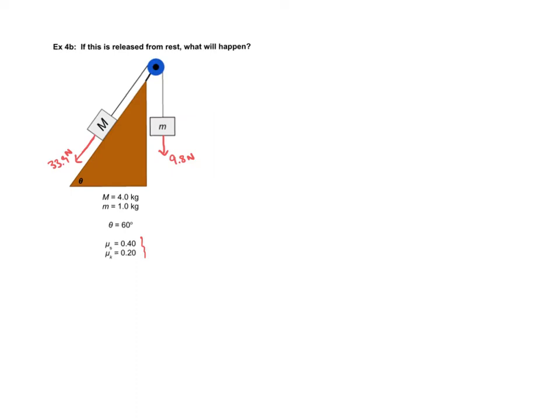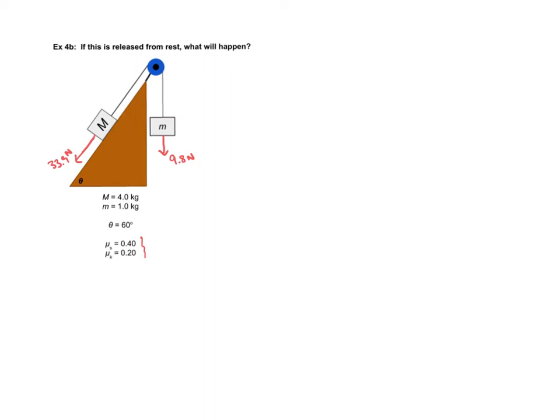So that would apply to the capital M block, and which way would it point? So right now the block is at rest, it's not moving. If it were already moving, it'd be a lot easier because the friction's always going to point in the opposite direction that it's sliding. But what if it's not sliding?